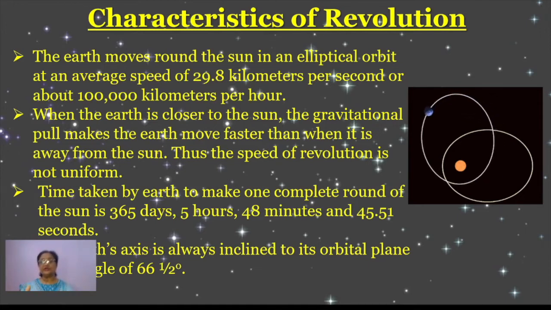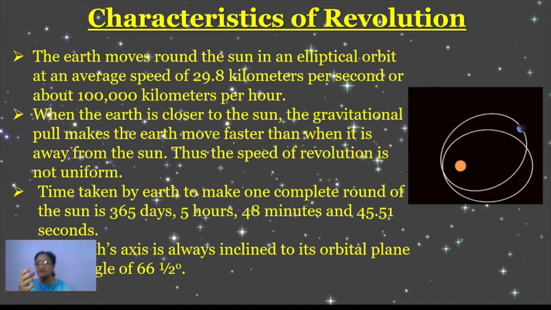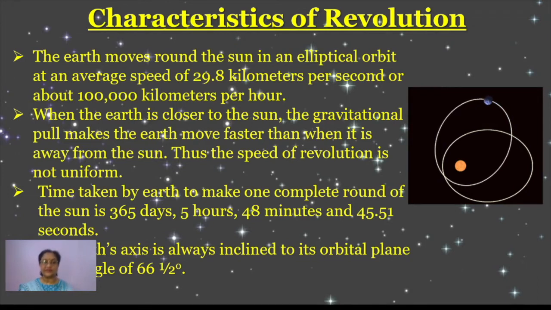Next is, when the earth is closer to the sun, gravitational pull makes the earth move faster, because the sun's gravitational force is very strong, so it attracts the earth towards it, so it makes the earth move very fast, right? But as the earth moves away from the sun, you will find the speed gets reduced.